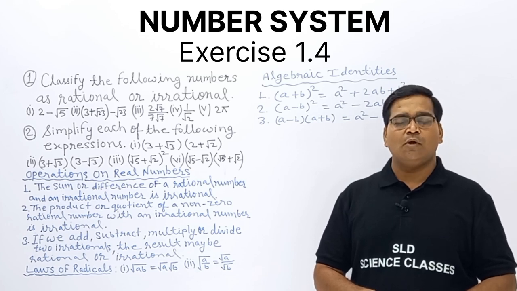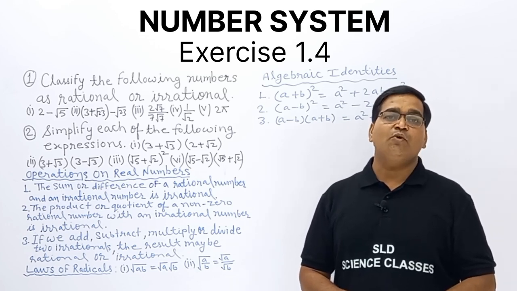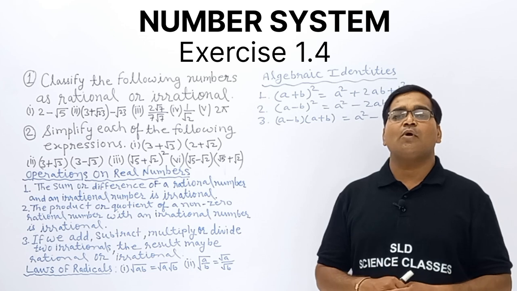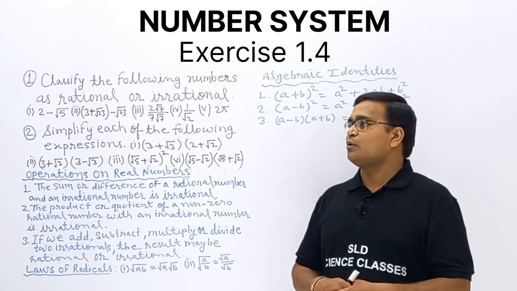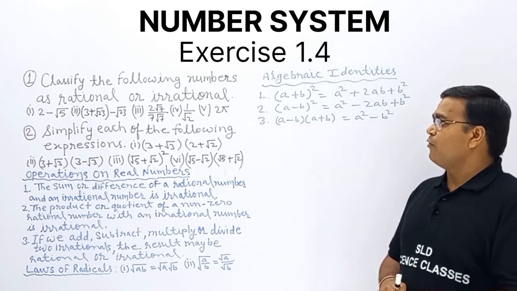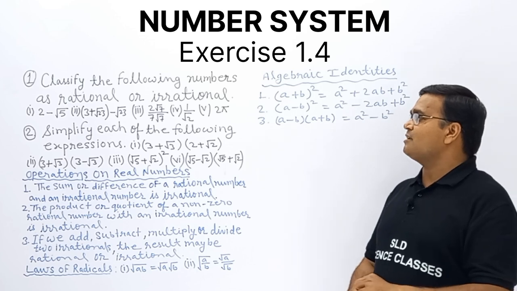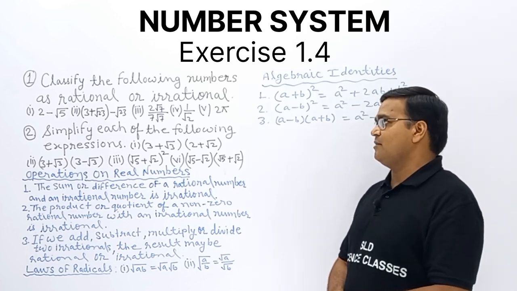They are called rational numbers. And those which are not rational are called irrational numbers. In this question, we want to classify which is rational and which is irrational.